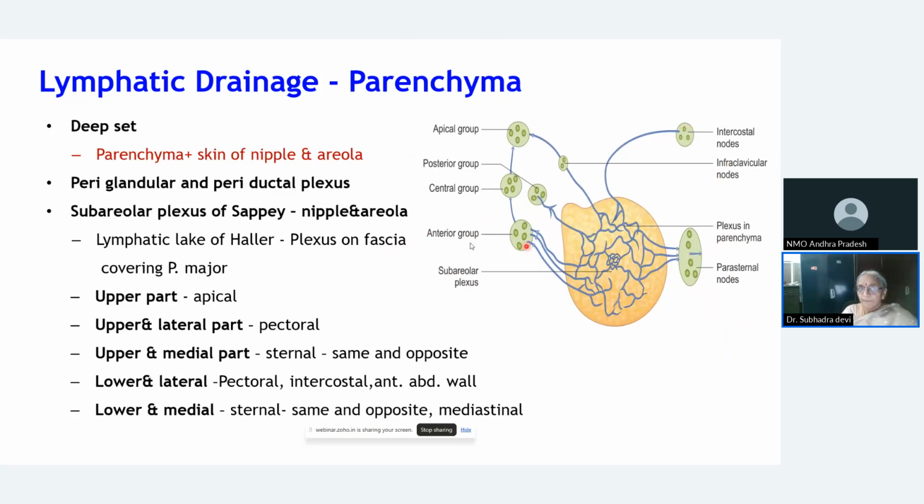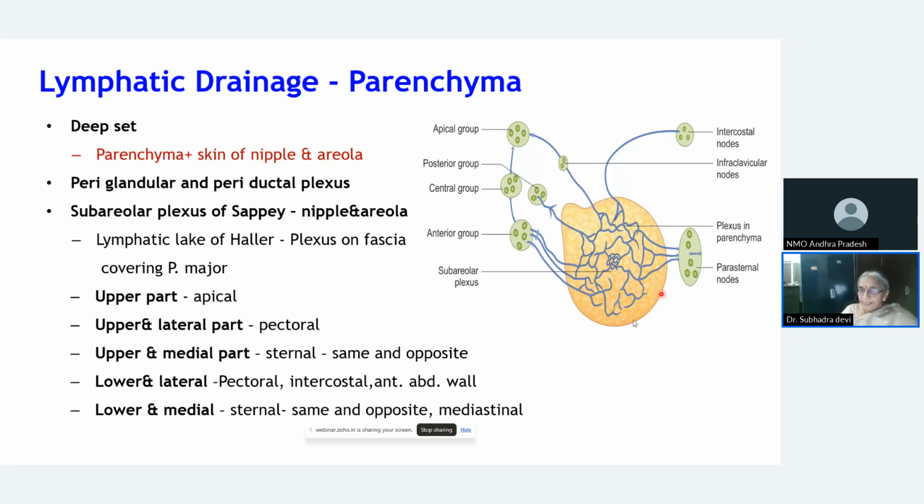Then from the deep set, parenchyma plus skin of nipple and areola, which we have missed there, they will go to the deep set, and they form the periglandular and periductal plexus. There is a subareolar plexus of Sappey around the nipple and areola. This is also an MCQ.